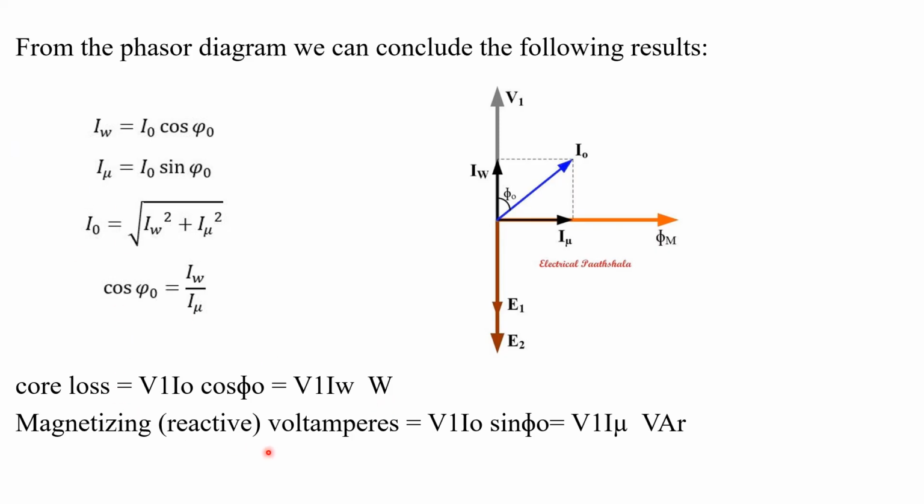And we get the magnetizing volt amperes as V1 I0 sin phi 0. Since I0 sin phi 0 can be replaced by the magnetizing component I mu, we finally get the volt amperes as V1 I mu.